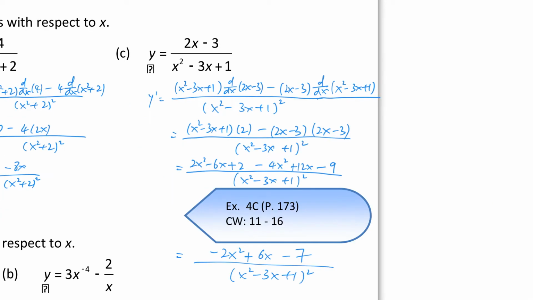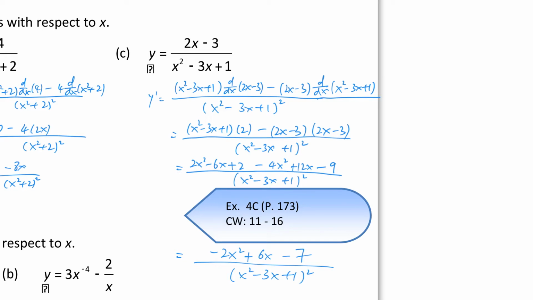Part C. According to the quotient rule, maybe this function is very complicated. This is x squared minus 3x plus 1 all squared. And put down the denominator and find the derivative of the numerator, which is equal to 2. And then minus, put down the numerator and find the derivative of this term, which is equal to 2x minus 3.